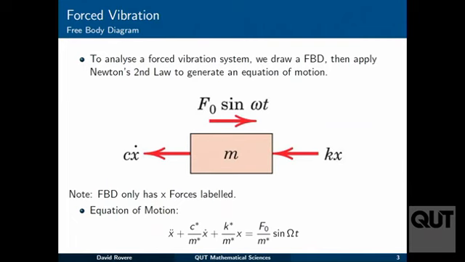Last week, the right-hand side was 0 for our unforced problem. Now that we're dealing with forced vibration, there is a function on the right-hand side, whatever the forcing function is. So in our case, our forcing function is F0 sine omega t, and we've divided everything by m to put it in standard form. So that's why there's a divided by m on the right-hand side.